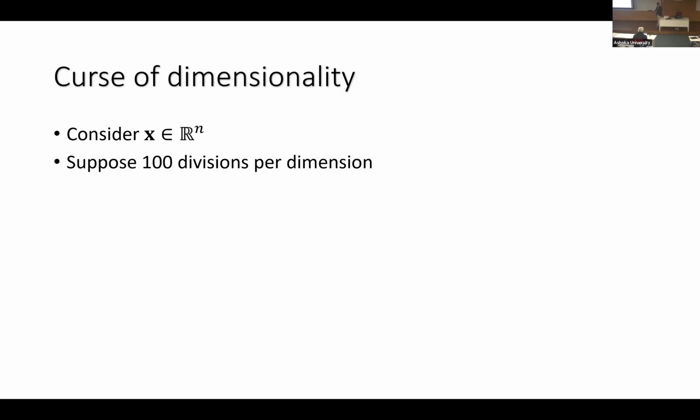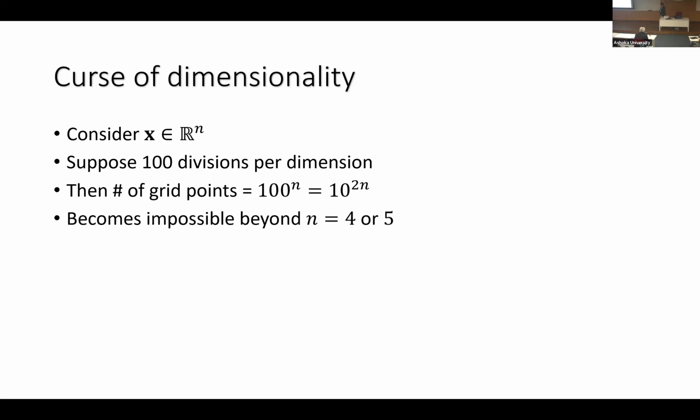So for example, you are doing grid search and you say 100 divisions from 0 to 1 in each dimension. Then how many grid points are there for you to evaluate? 100 raised to the power n, or 10 raised to the power 2n. So as you can calculate, this becomes impossible to use beyond n equal to 4 or 5, right? So definitely you need better methods.